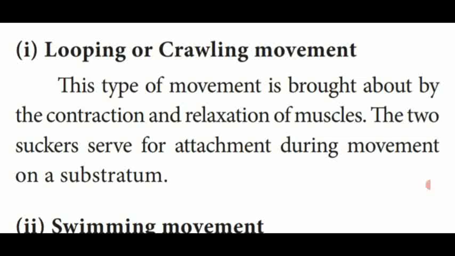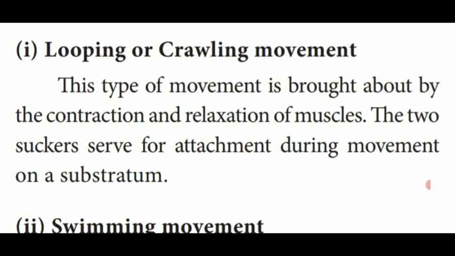Dear students, what is crawling movement? That means they are showing 2 types of activities with the help of muscles which are present in the body, that is contraction and relaxation of the muscles, which make the body surface of the leech move forward. That is said to be the looping or crawling movement. At the time of looping or crawling movement, the 2 suckers, what are the 2 suckers?